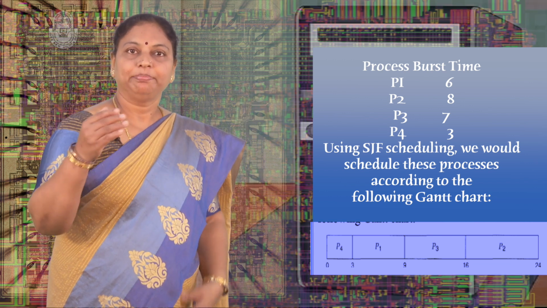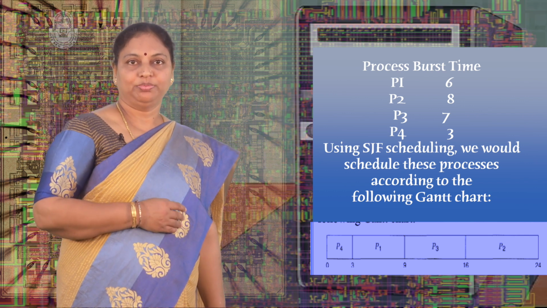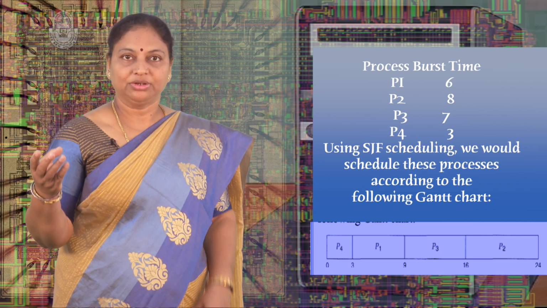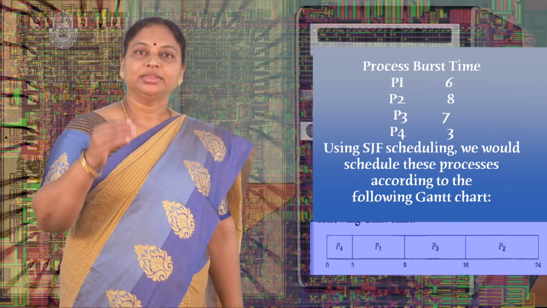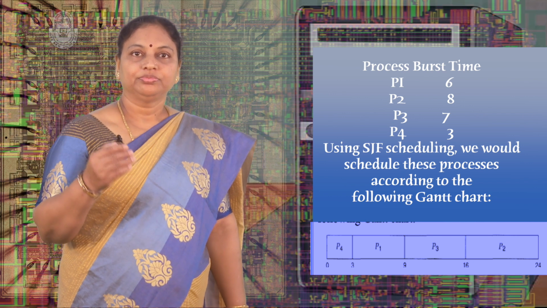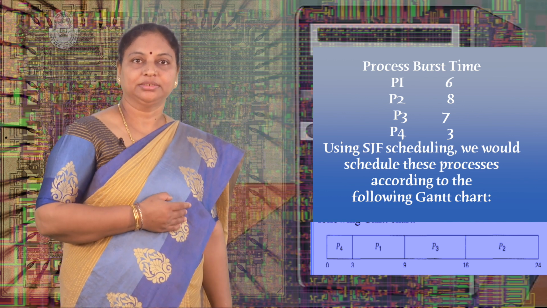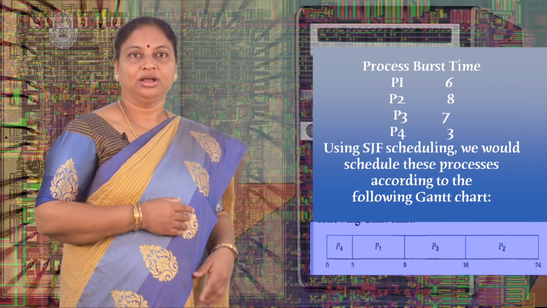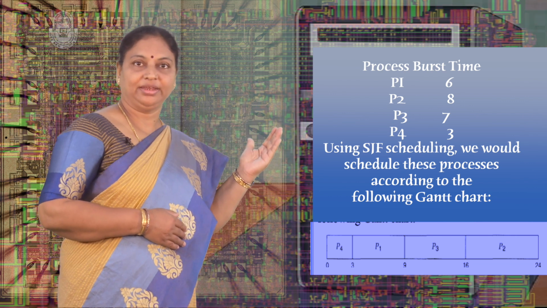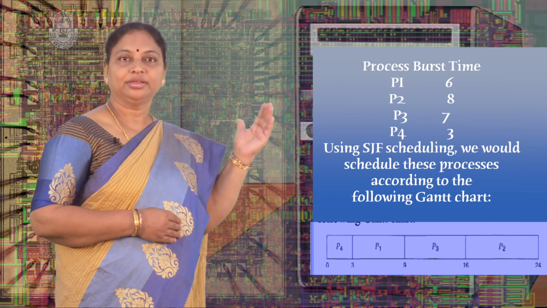Next is P3, which is requiring 7 CPU burst time. So after the completion of P1, CPU is allocated to P3. Then at the end we are allocating P2, which is having 8 milliseconds.